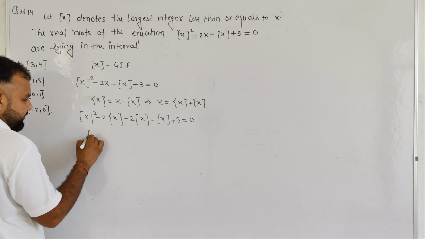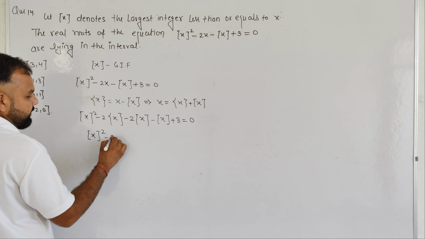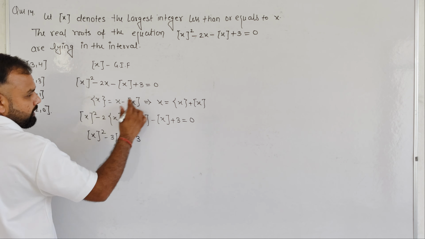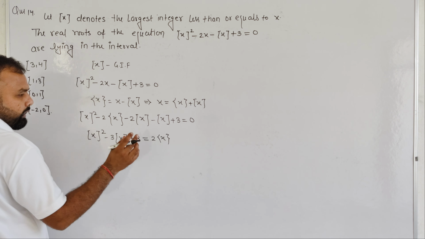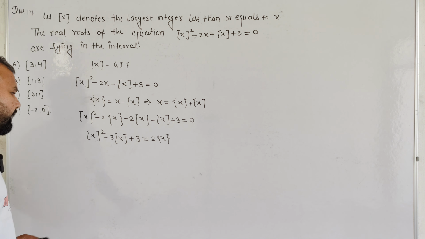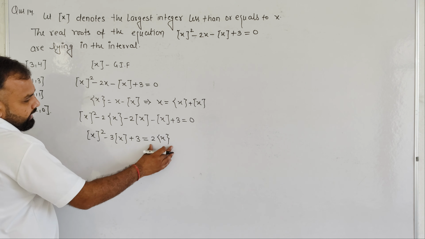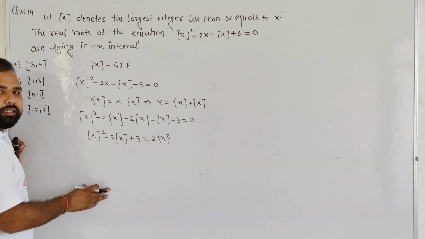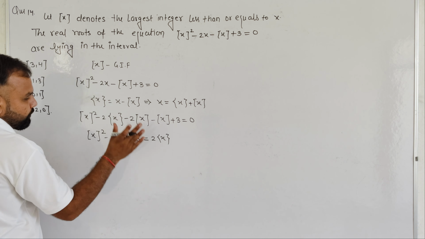So the whole thing will become [x]^2 - 3[x] + 3, and this fractional part we take to the right hand side, so it will become 2{x}. And we know very well that there is a range method: compare the range of the left hand side and the right hand side, and then we can easily calculate the real roots of this equation.